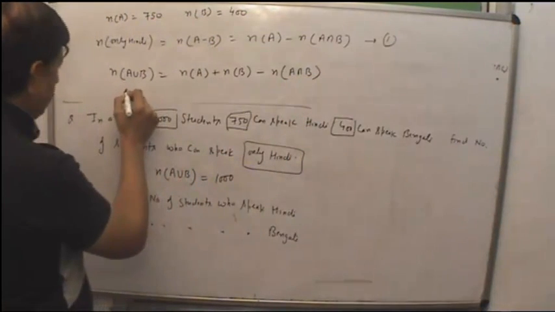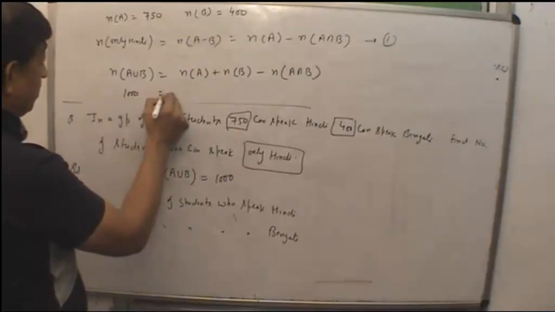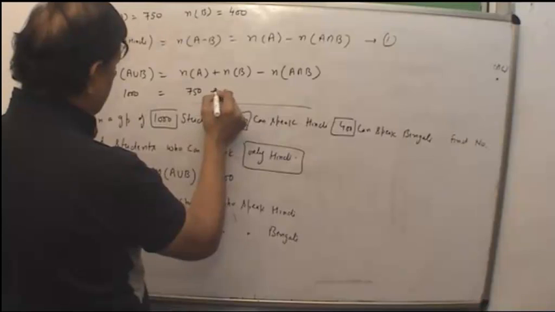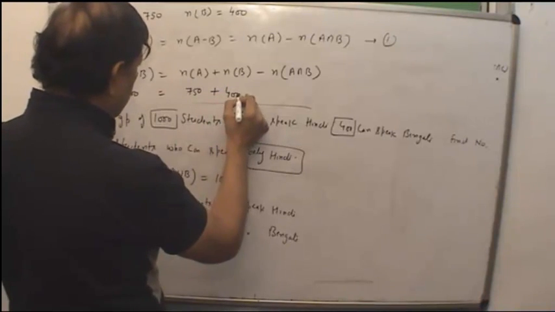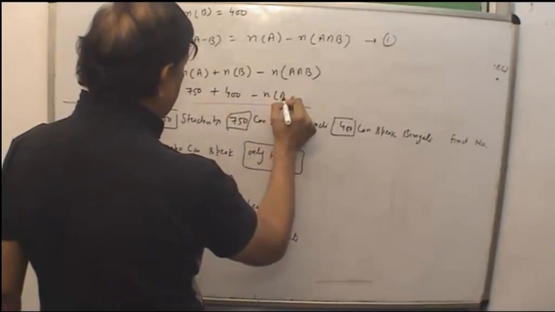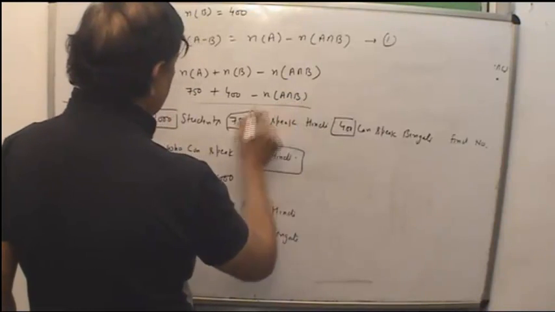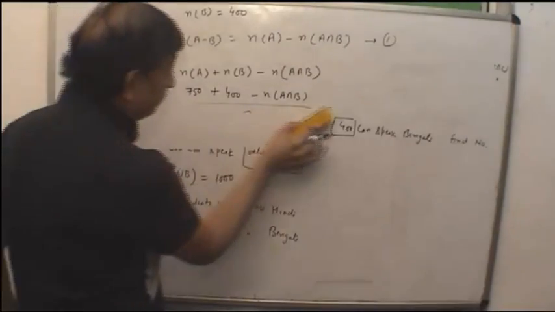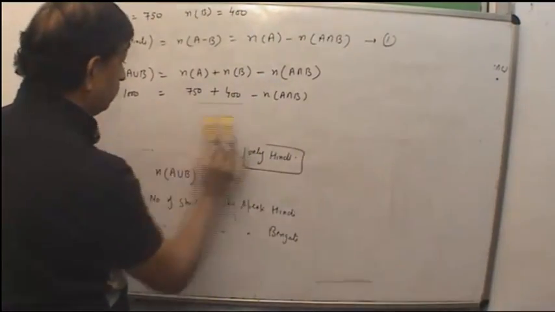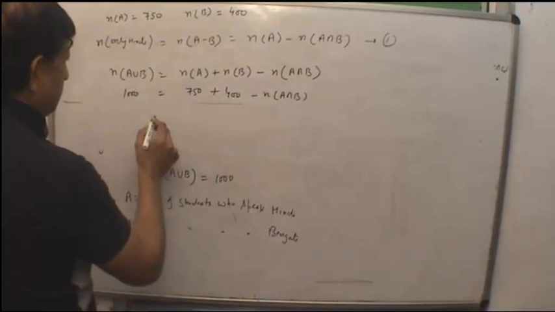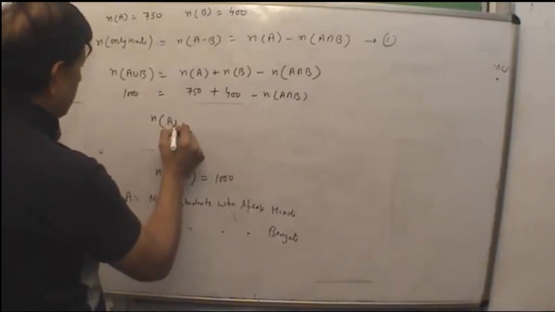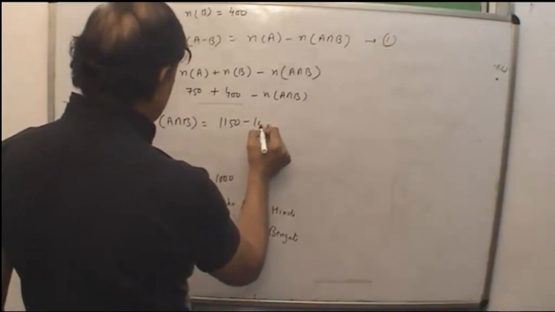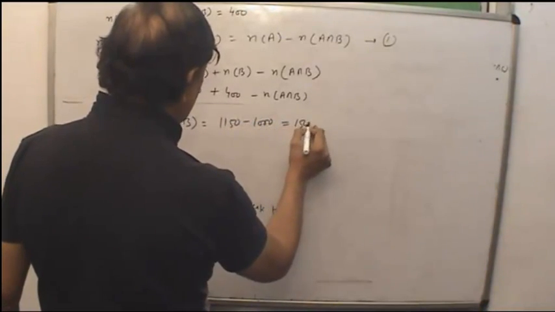So N(A union B) is 1000, N(A) is 750 plus N(B) 400 minus N(A intersection B). From this we can find out that N(A intersection B) is equal to 1150 minus 1000, that is equal to 150.